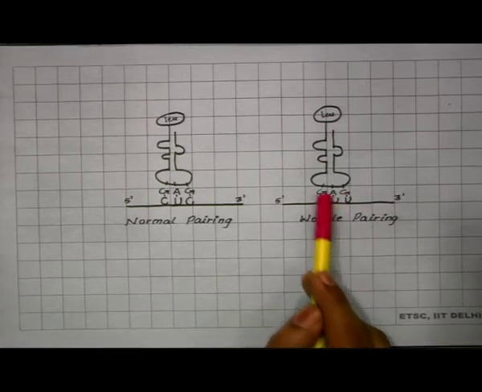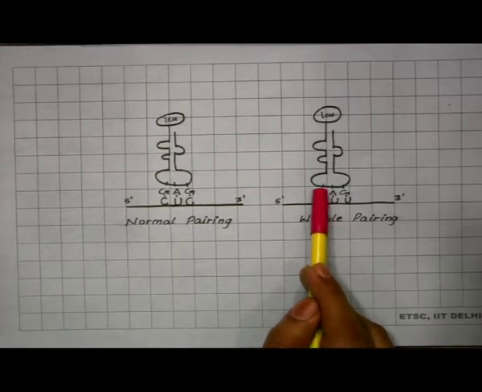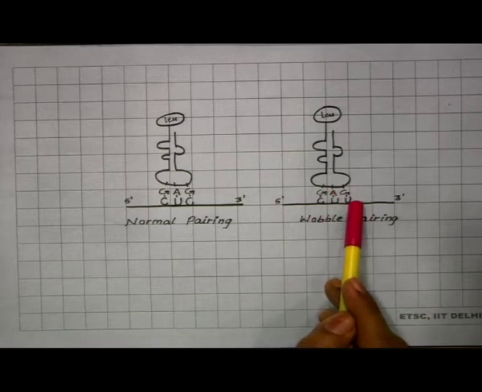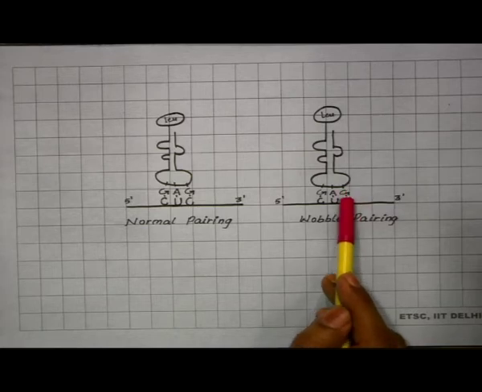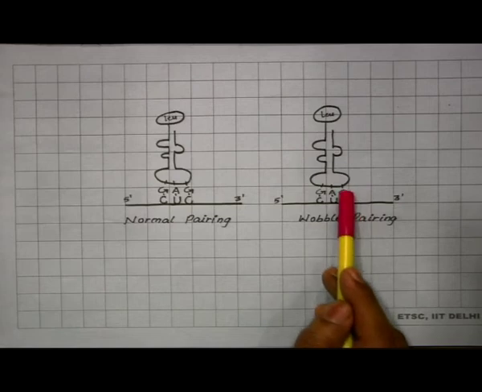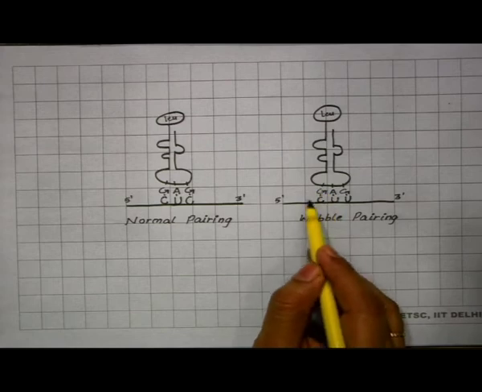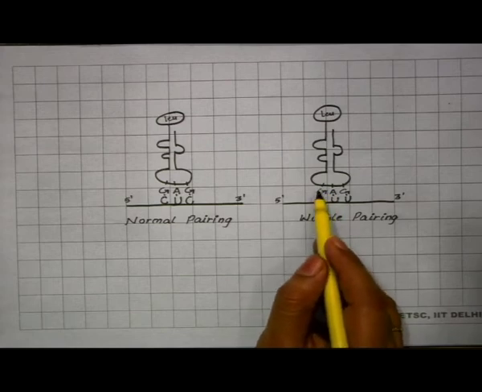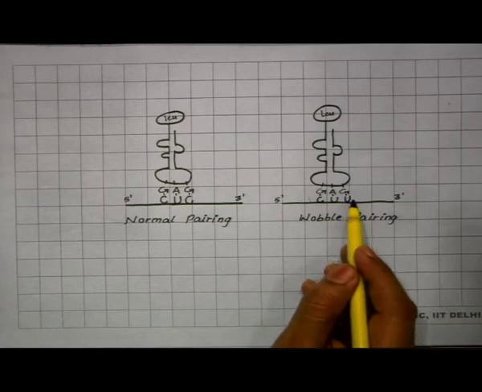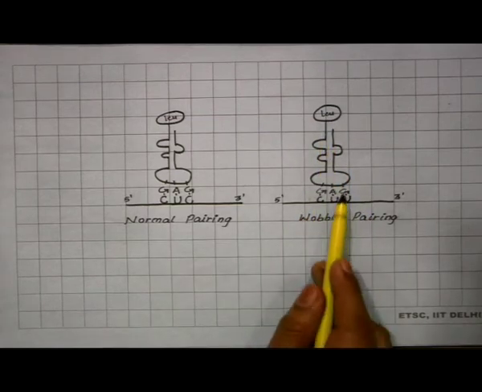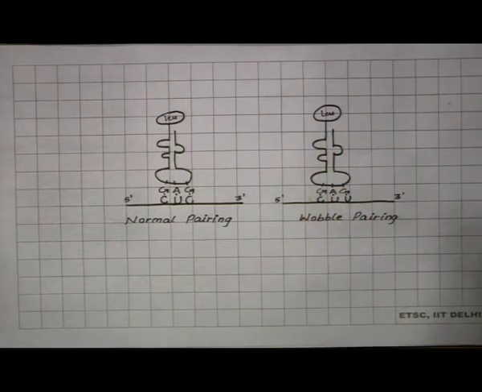The first pairing is very much correct. The complement of C is G, the complement of U is A. Here in the third pairing, the complement of U should be A, but here it is G. This is not the correct pairing, but because the first two pairings can code for the amino acid, the third pairing is not exactly as per the order, and it can still code for leucine. Such type of pairing is called wobble pairing. This is also called the wobble hypothesis.